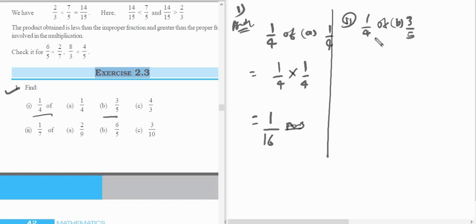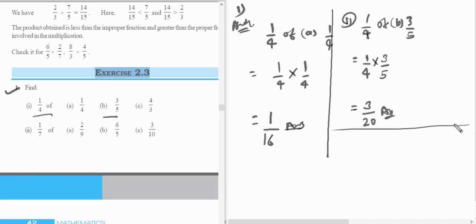Write down 1/4 as it is, into 3/5, right? So 1 into 3 will be 3, and 4 5s are 20. This is your answer here.